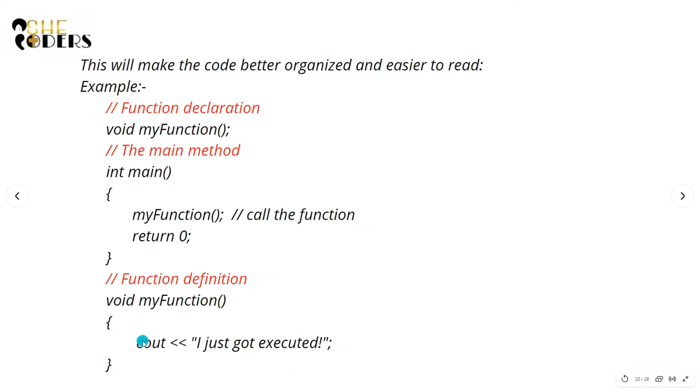What my function does is it just shows the output "I just got executed", which is just a string. Like this, the code can be better organized and it is easier to read. So first you will know that something like my function exists, and I'm calling this function, and what the function is doing, here it is the definition.